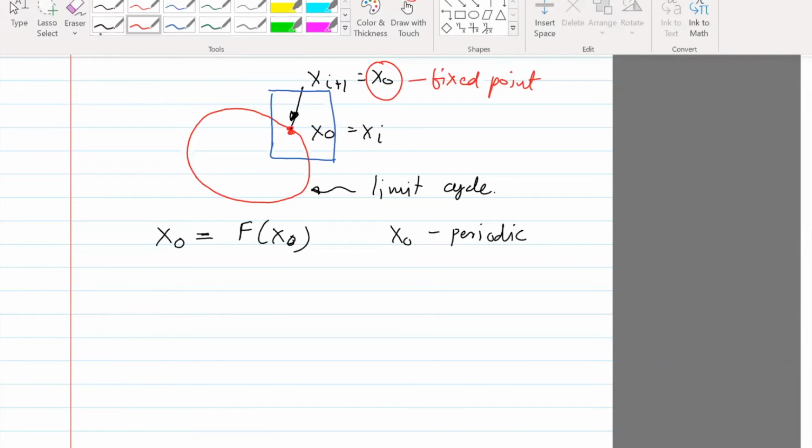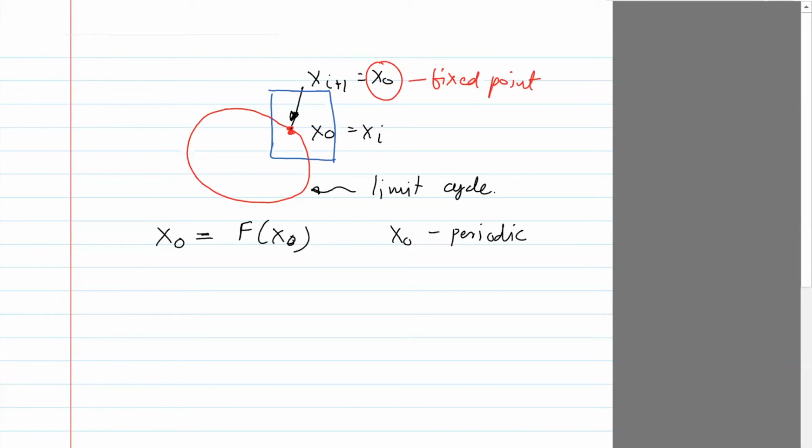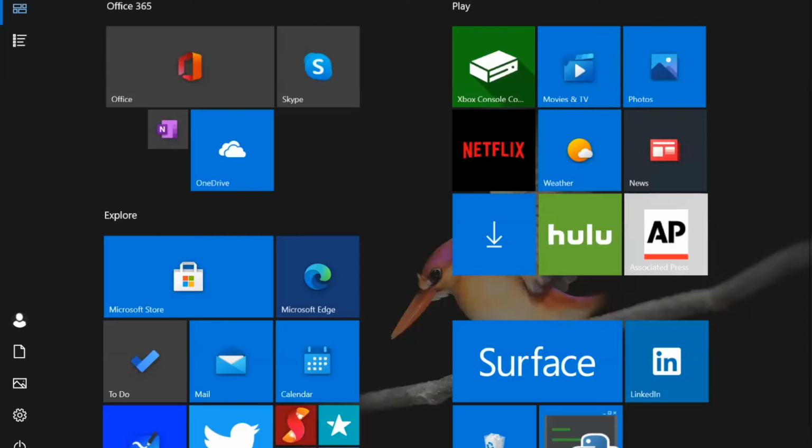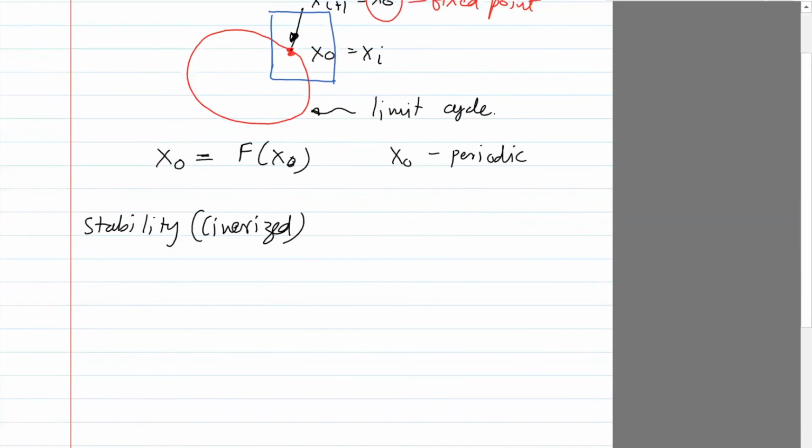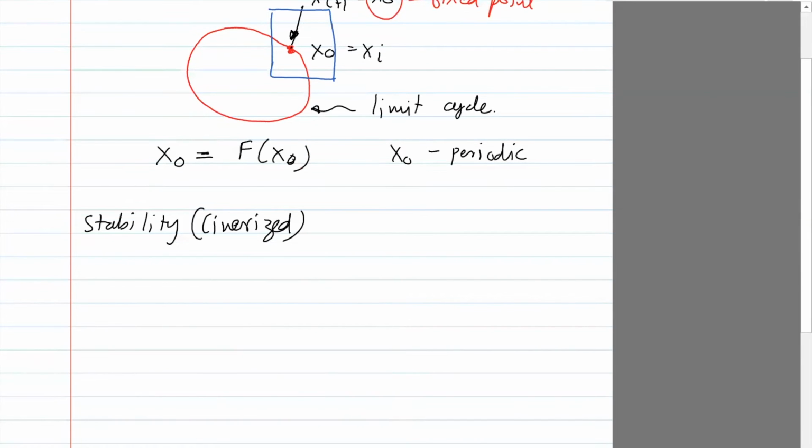The next important thing we need to know is the stability of the fixed point. In fact, we'll only focus on linearized stability. So when is a fixed point considered stable? Well, if you take x0 and perturb the system, say x0 plus delta x, where delta x is small, then you ask the question, where is x_i?